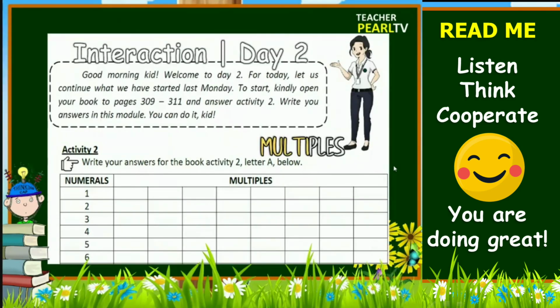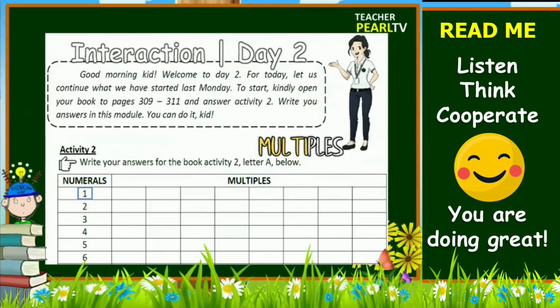Here, you are tasked to give the multiples of the given numerals. Numerals is another term for numbers. So, let's start. Let us get the first 8 multiples of number 1. These are 0, 1, 2, 3, 4, 5, 6, and 7.